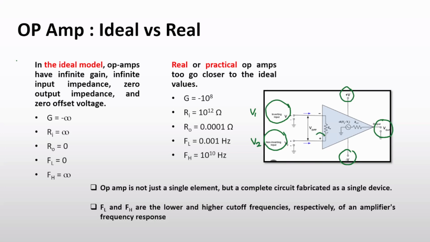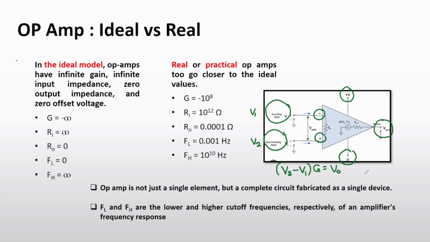You can see this is the plus input and this is the minus input. Therefore the difference is V2 minus V1, since V2 is given to the non-inverting input and V1 to the inverting input.